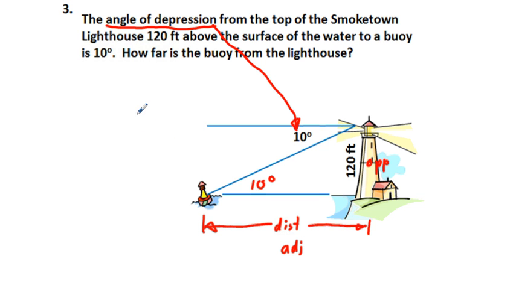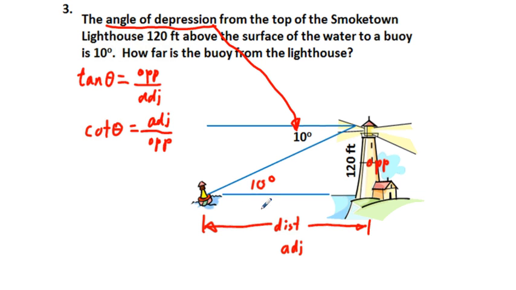Just as in problem 1, we can use tangent theta equal to opposite over adjacent, or cotangent theta equal to adjacent over opposite.